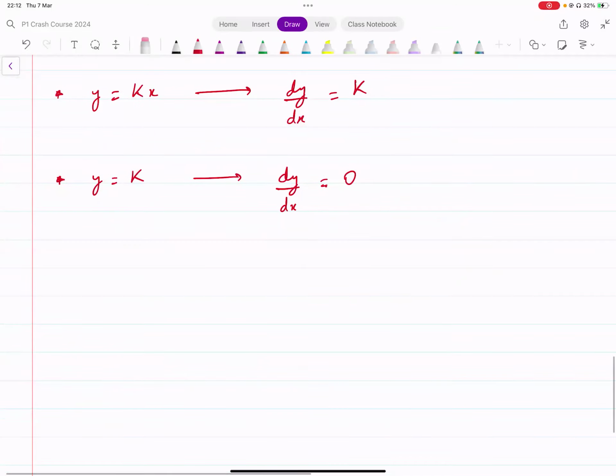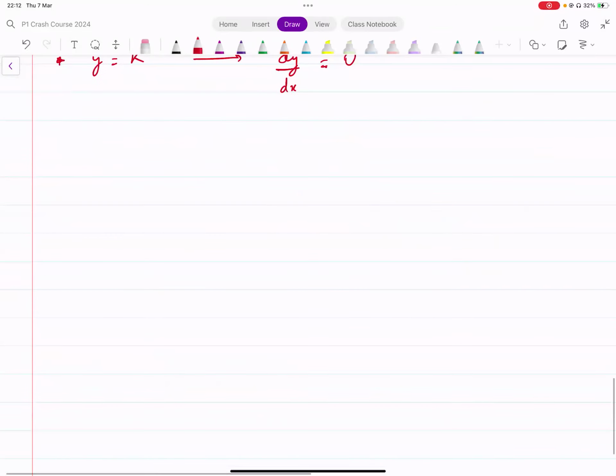One last example and then we end. If you have something like this, y equals minus 2 over 3 into x raised to power 5 over 7 plus 5 over 2 under root x minus 3x plus 7.